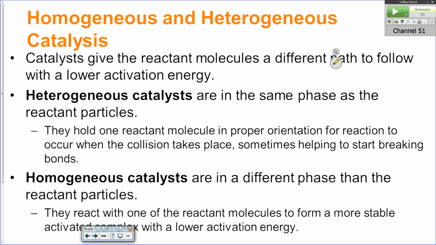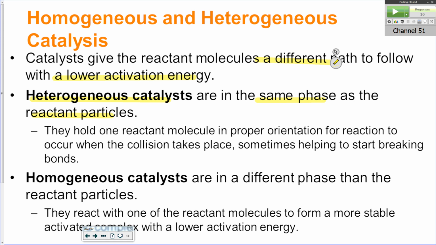Now, when we look at catalysts, the catalyst can be in a couple of different states. They all accomplish the same thing. They're giving a different pathway to allow a lower activation energy. Whether it's a homogeneous or heterogeneous catalyst depends on whether it's in the same phase as the reactant particles. An example is a catalytic converter on a car.